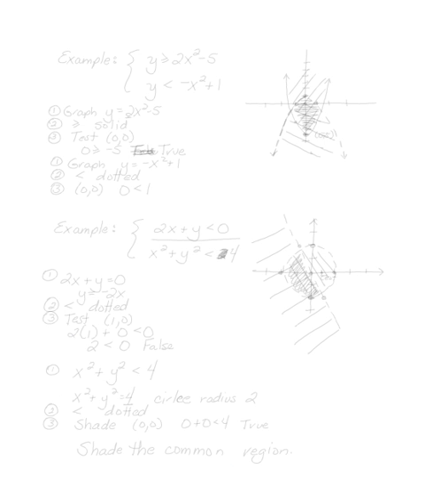Okay, let's look at another example where our system doesn't necessarily include two lines like our previous example. Let's look at y is greater than or equal to 2x squared minus 5, and y is less than negative x squared plus 1.